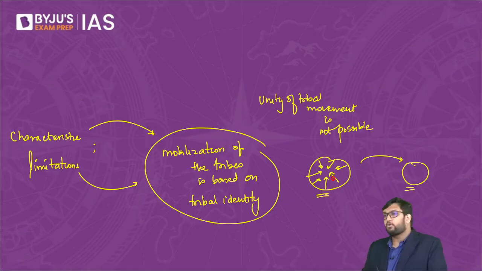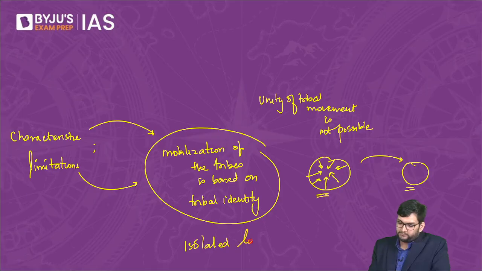So one of the most interesting features is also one of the biggest weaknesses of the tribal revolts: they will always be isolated and local or regional in issues or impact.